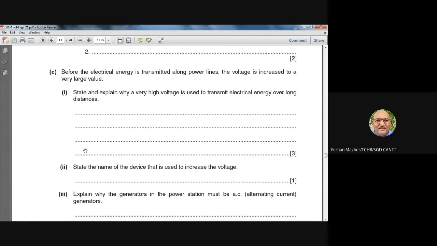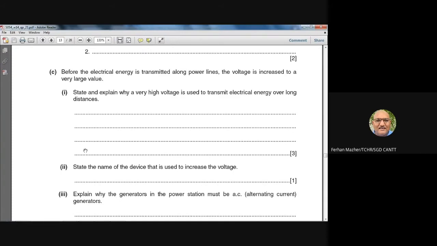When using a transformer, you increase the voltage and the amount of current decreases. When the current is less, the power loss will also be less. That's why we increase the voltage with the help of the transformer, to decrease the current in the transmission lines, and this reduces the power losses.